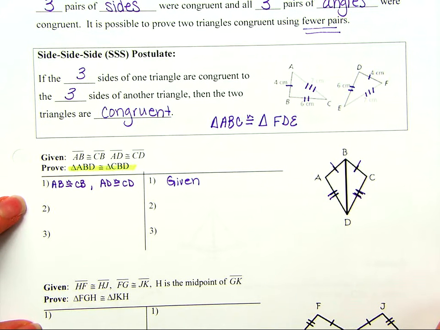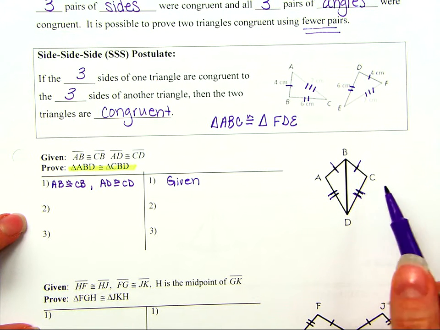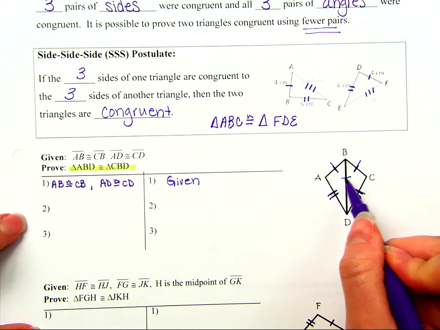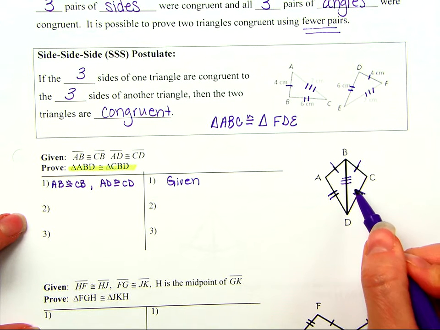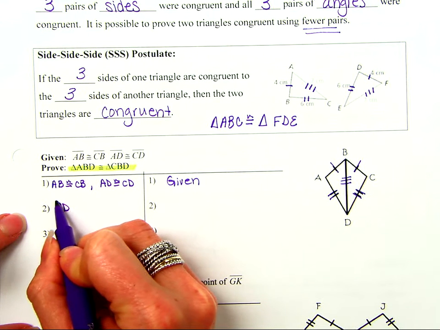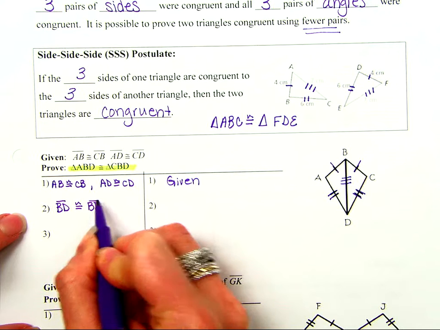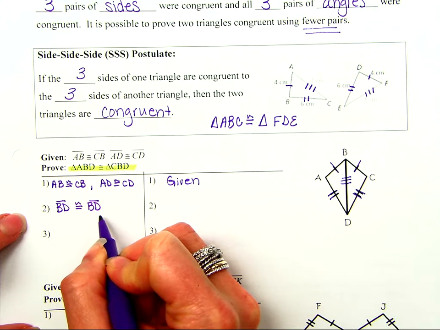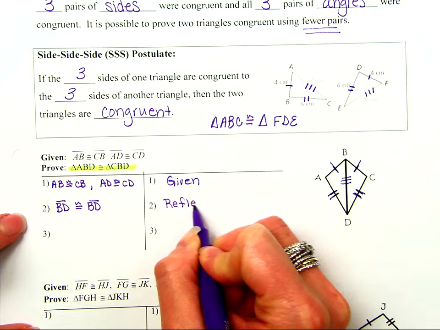That's it for my given information, but as I take a look at my diagram, I do see that these triangles have a shared side. I can go ahead and mark that shared side congruent. But if I make a marking in my diagram, I need to come over here and make a statement. I'm going to say BD must be congruent to BD. Well, something congruent to itself, we said last time, would be showing the reflexive property.